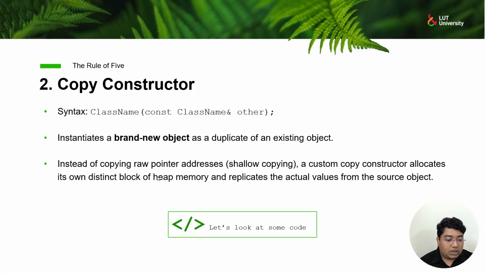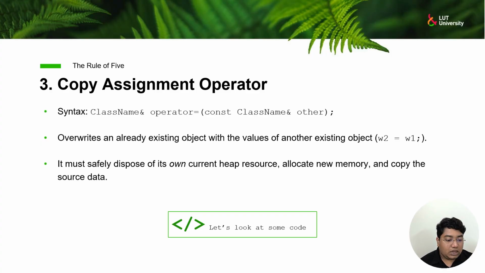Let's get to the next one, which is our copy assignment operator. This one looks kind of similar, but it's solving a different problem. The copy constructor creates a new object, but the assignment operator works with an object that already exists. So imagine we have two buffers.